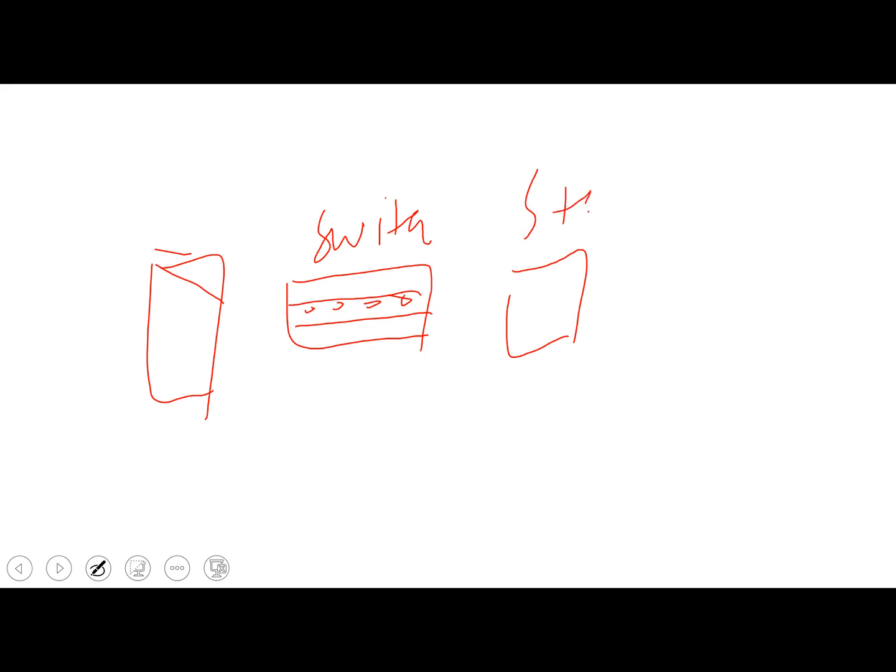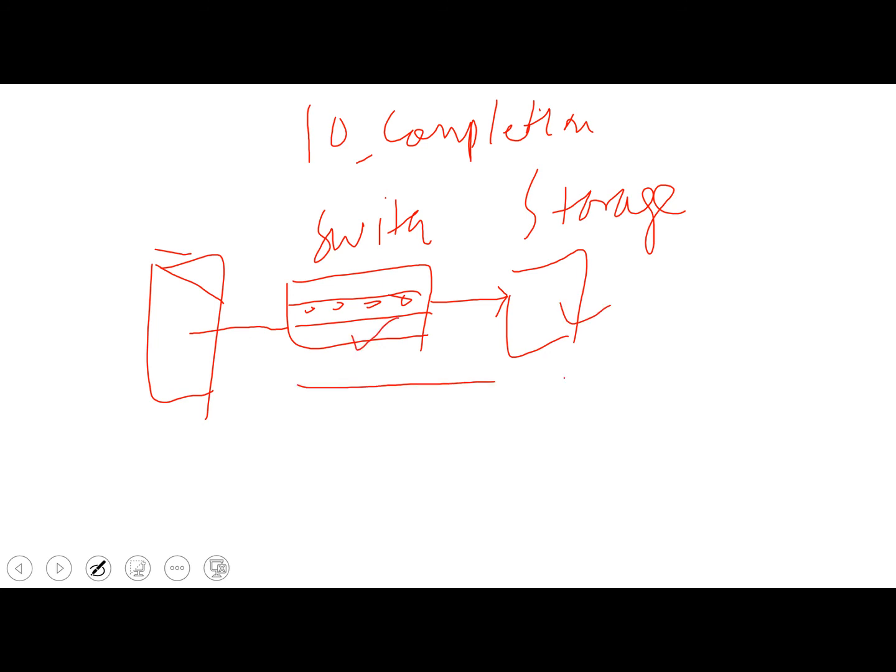The server will go through these to extract the data. So the second reason for the IO completion wait type is either this device or these intermediate devices. So it's related to the network.